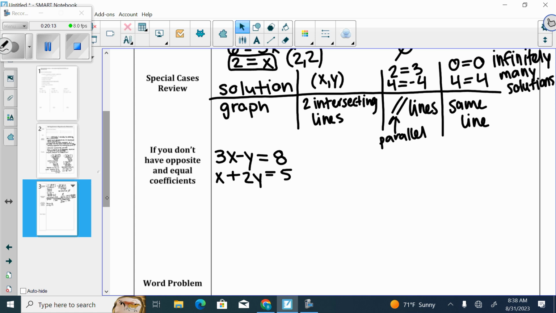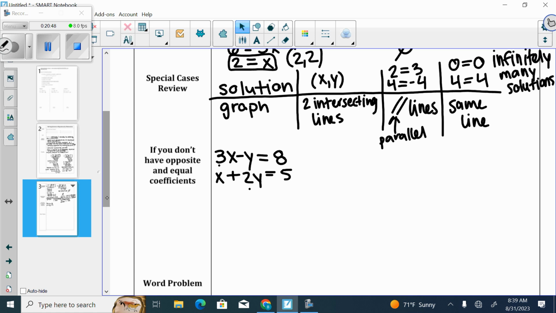Typically, if we look ahead, it's usually easy to change one particular variable and maybe harder if you're changing one of the others, depending on what the coefficients are for everything else, right? So I could do something to fix the x, or I could do something to fix the y. Let's say that we want to try and make our y's eliminate. If I want the y's to eliminate, how could I manipulate one of my equations?